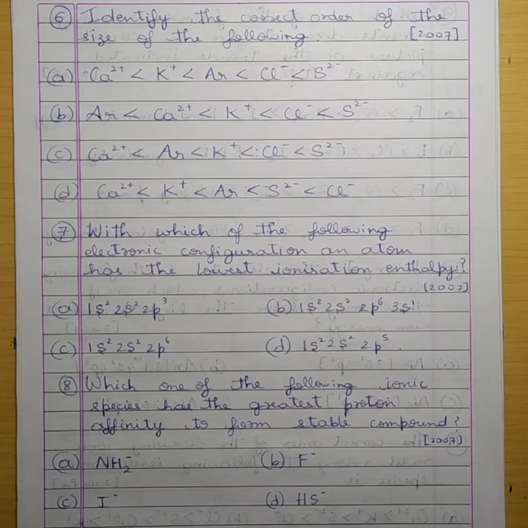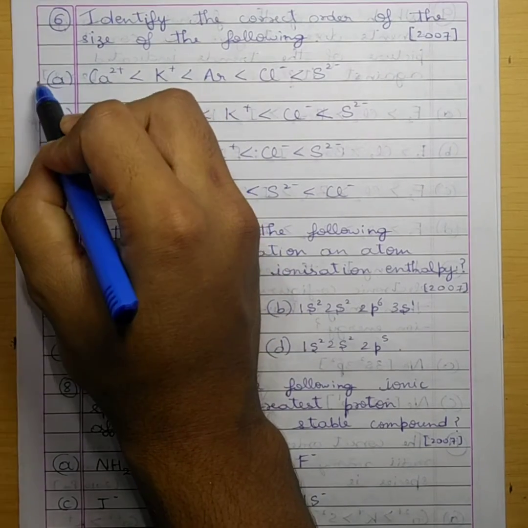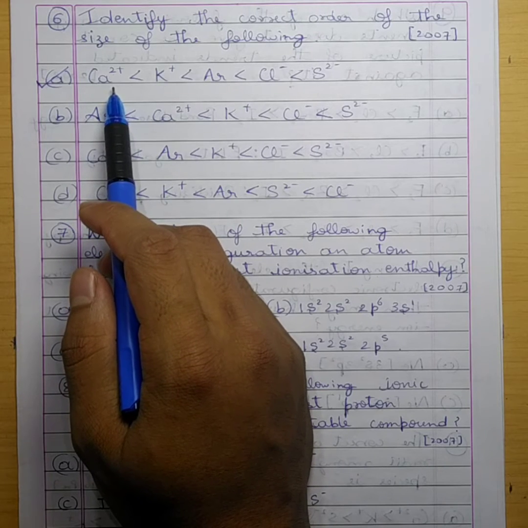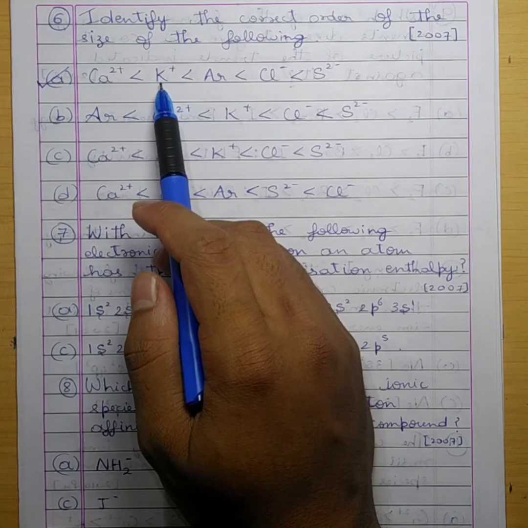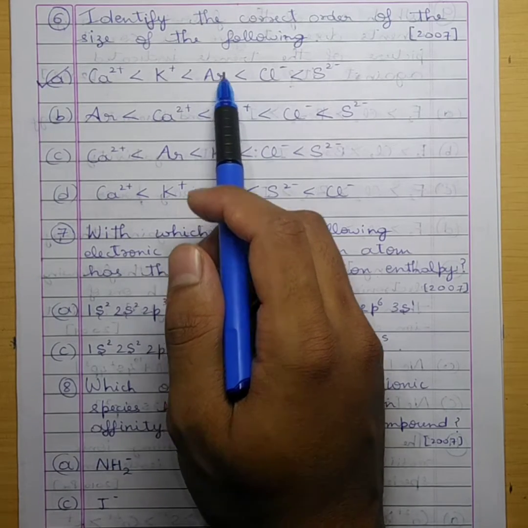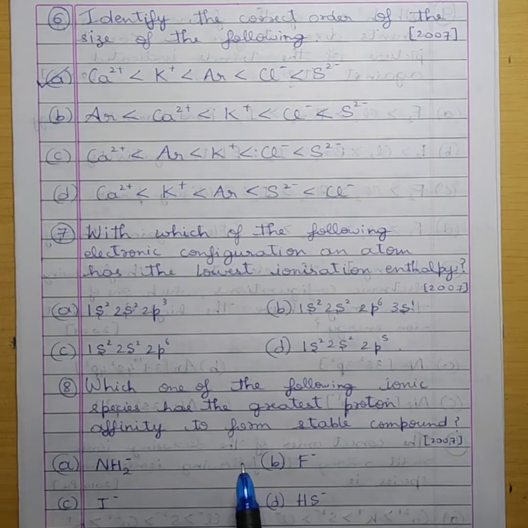The size of anion increases with increase in negative charge, and size of cation decreases with increase in positive charge. So the correct option is option A. Ca2 plus has the least ionic radii, followed by K plus, followed by argon, then chlorine, then sulfur.